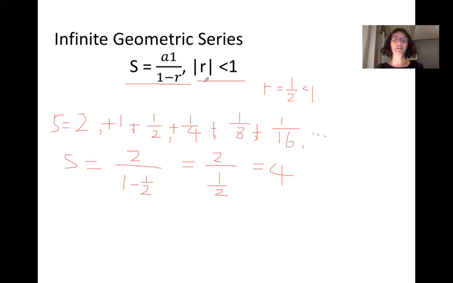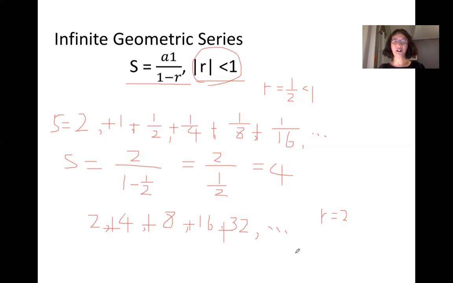Why do we emphasize common ratio smaller than 1? If you have a common ratio greater than 1, for example R equal to 2, and suppose this sequence goes forever, and you try to add all these numbers together, guess what?